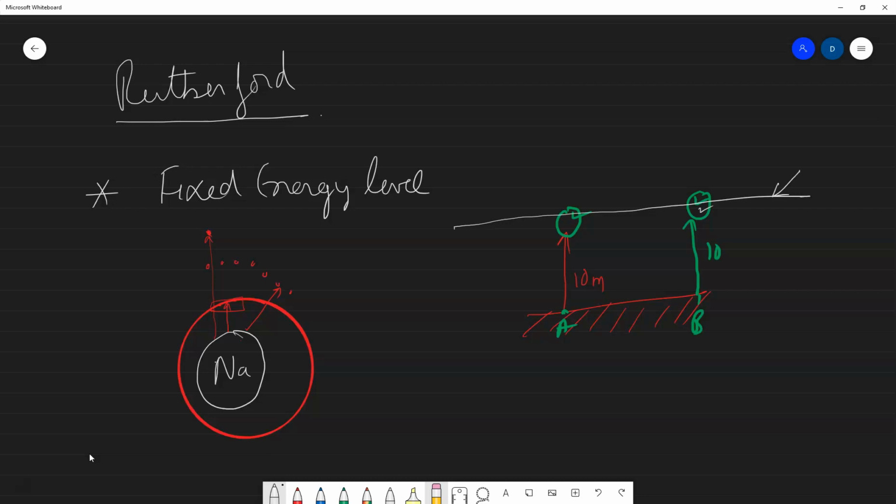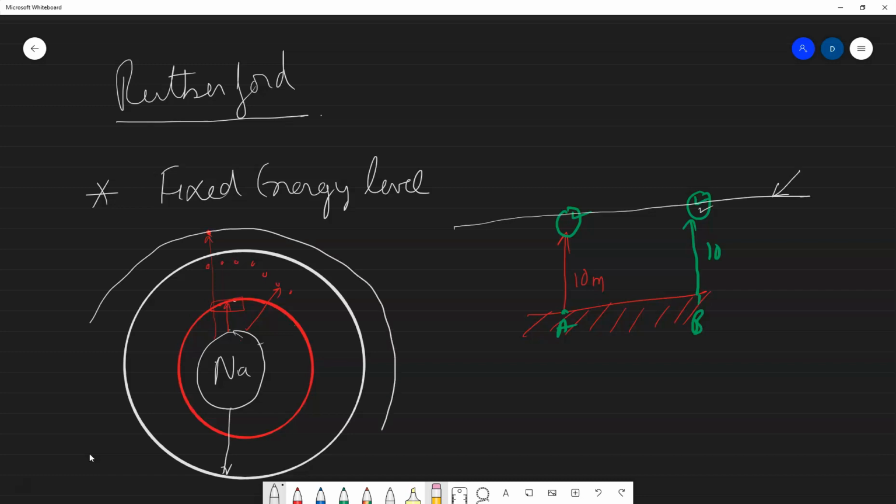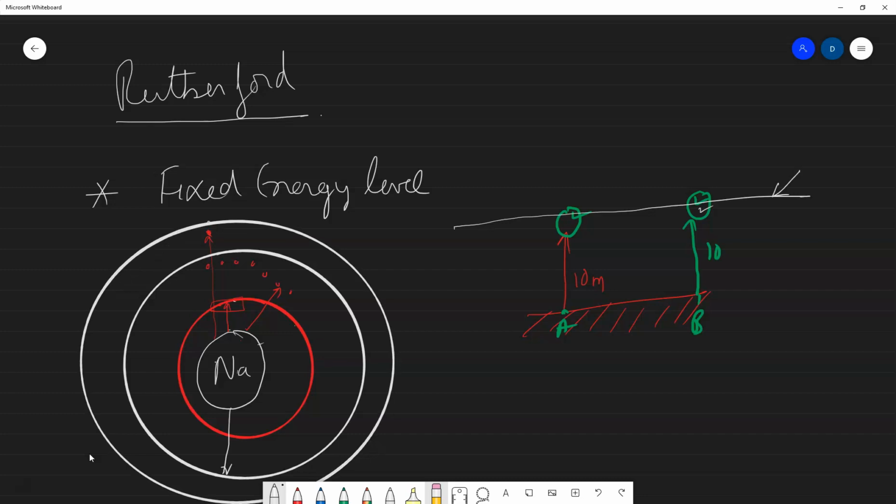Apply this back to the sodium atom. In the sodium atom, the first two electrons are at an energy level which is some distance from the nucleus. The remaining 8 electrons are in a fixed energy band, an energy level at this distance from the nucleus. The last electron is in this fixed energy band, at this much distance from the nucleus.